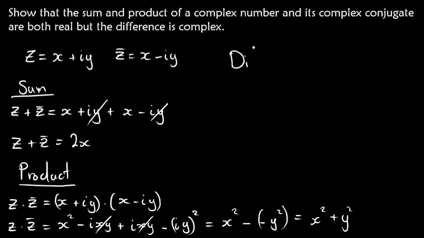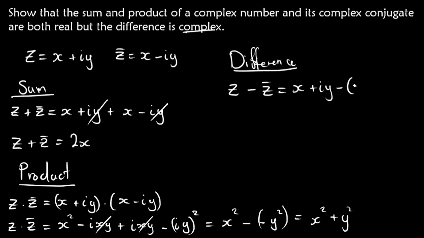So now let's talk about the difference. Let's see if the difference gives us a complex number. So the difference means that we're saying z minus the conjugate. So that is x plus iy minus the conjugate, which is x minus iy.